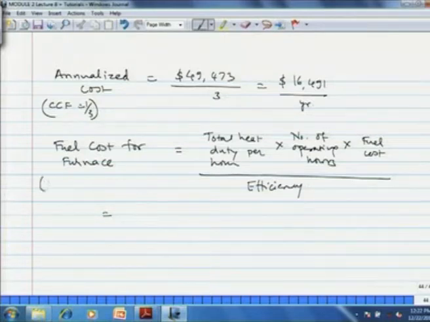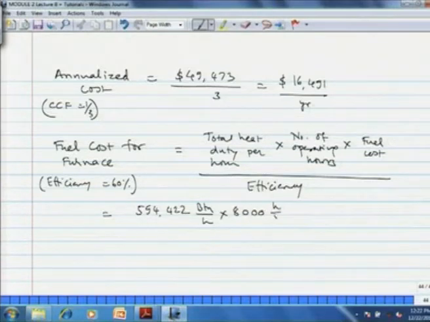The efficiency is given to us as 60%. Okay. The total heat load that we have already calculated, 594,000 BTU, into 8,000 hours per year, into the fuel cost, that is $4 per MMBTU, million metric BTU.